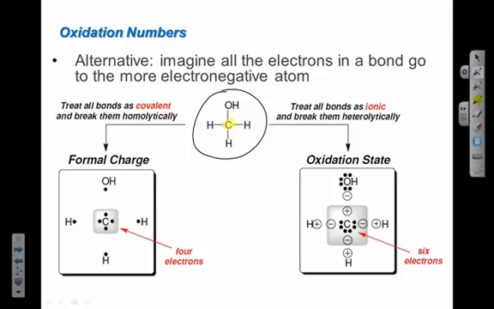So this slide is nice because it also illustrates the difference between what you do when you're calculating formal charge versus what you do when you're calculating oxidation numbers. Right, so if you recall, formal charge, to assign the electrons around an atom to calculate its formal charge, we always took half of the shared electrons. Right?